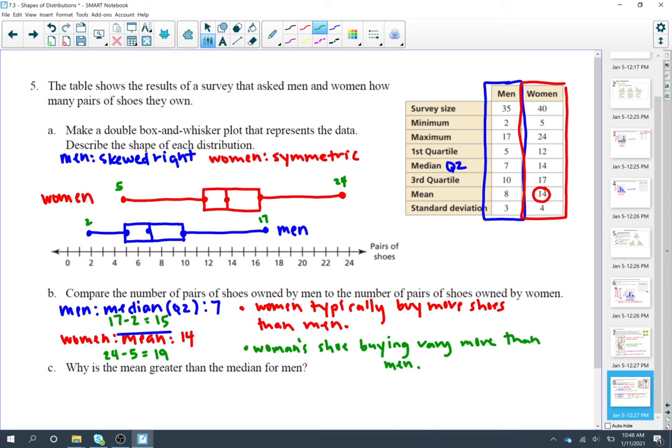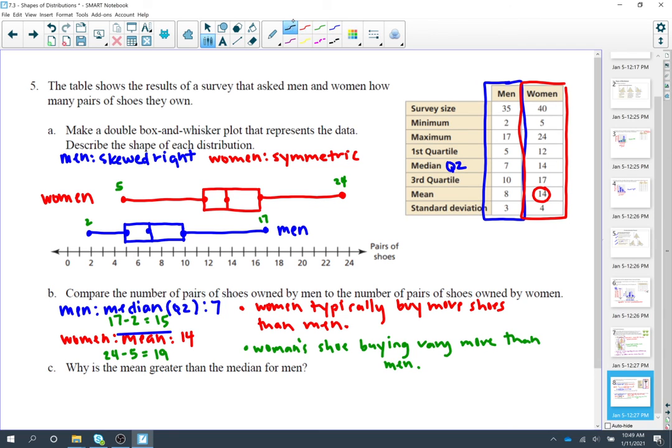So some women are really buying less, some women are really buying more, versus men, you know, you've got that guy who bought 17, or maybe two guys bought 17, we don't really know, but they tend to just buy less. Now, part C, why is the mean greater than the median for men?